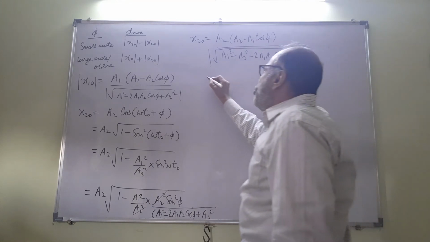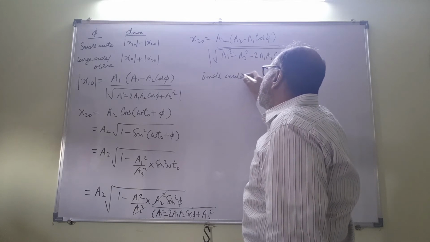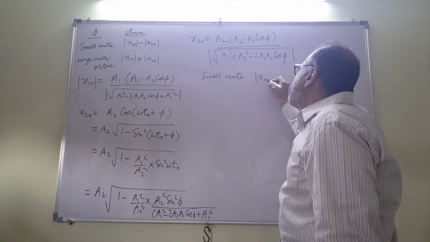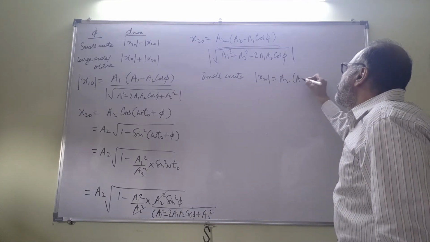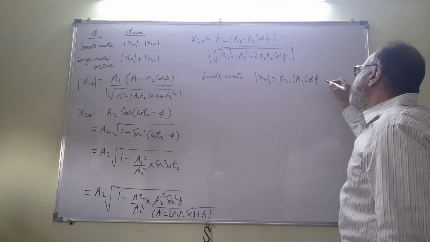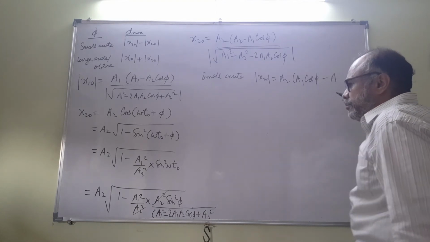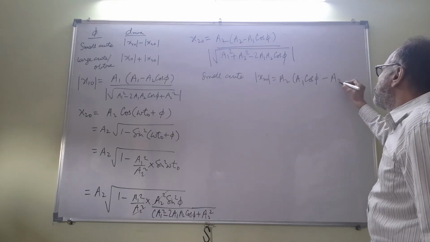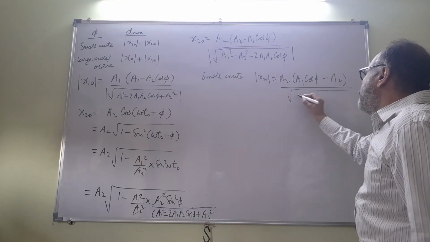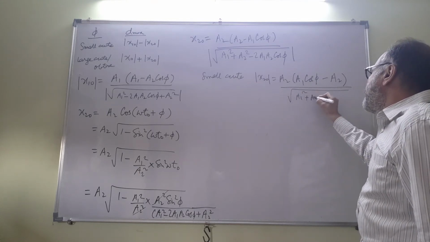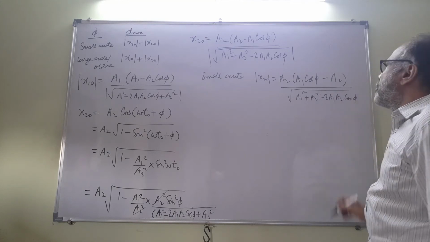So for small acute phi, mod of x2 naught, that is the positive value of this, will be a2 into a1 cos phi minus a2 by root of a1 squared plus a2 squared minus 2a1 a2 cos phi.